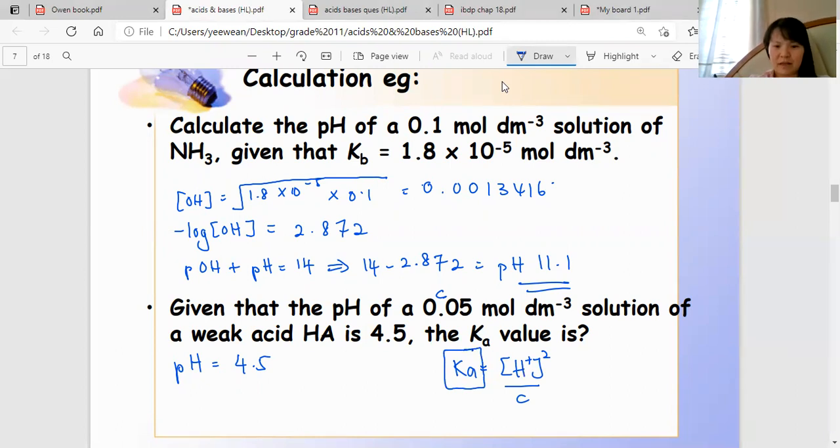Okay, so I'm going to need the H plus first. So from here, I can get the H plus. Calculate that with a calculator.